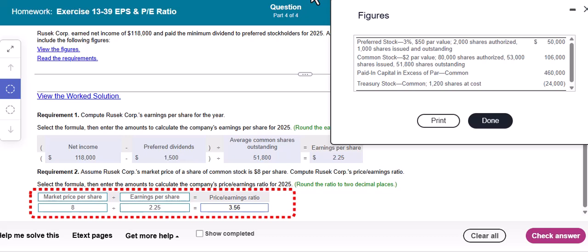And if you divide the two, it's the same thing as saying for every dollar of the thing on the bottom, so for every dollar of earnings, you're paying $3.56 for that in the stock market. The average PE ratio is anywhere from 15 to maybe 25, so this is kind of an abnormally and unrealistically low PE ratio, and that's it.